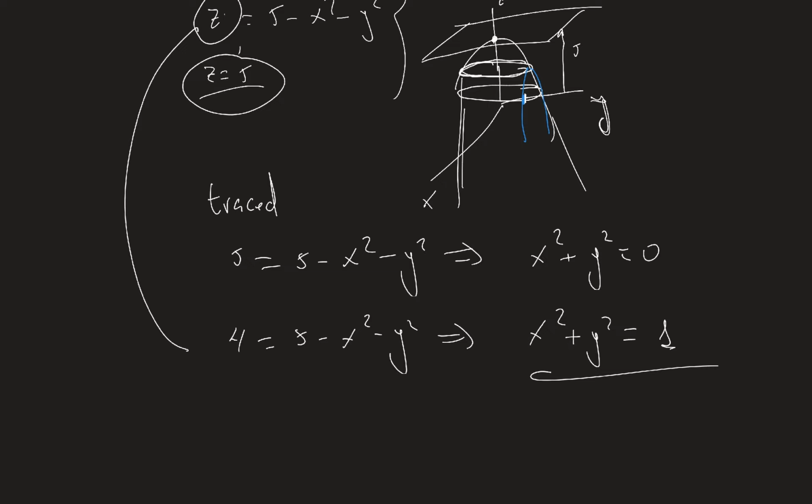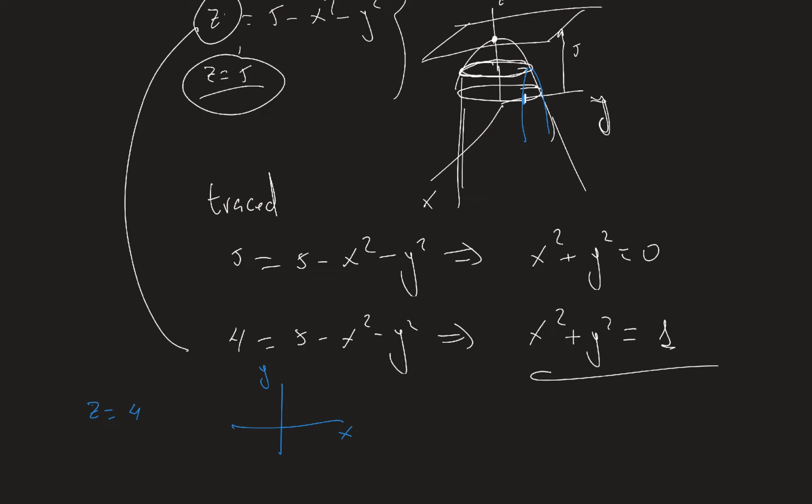So, at theta equal 4, what is the level curve? The level curve means, in the plane xy, so this is the x and this is the y, what are the set of points in the plane xy whose height is 4?